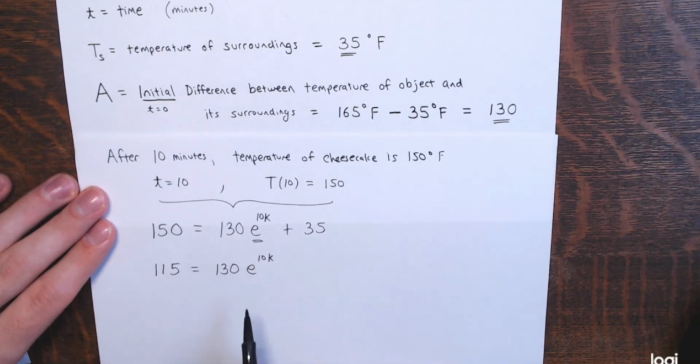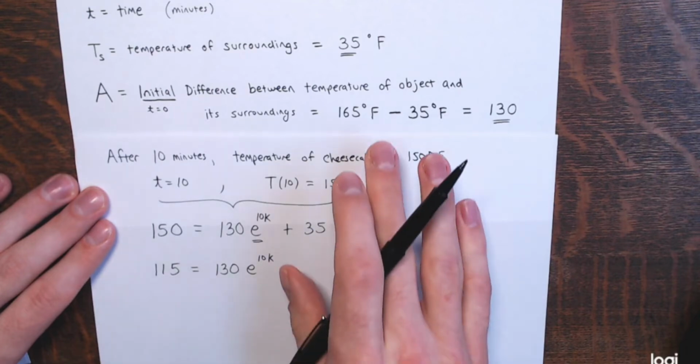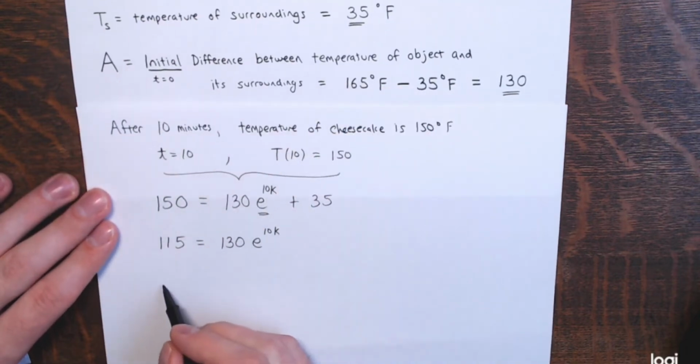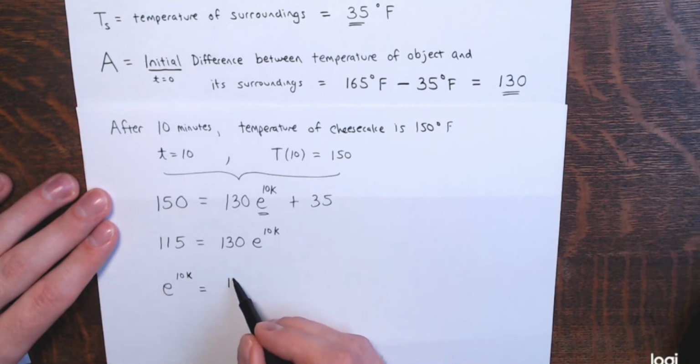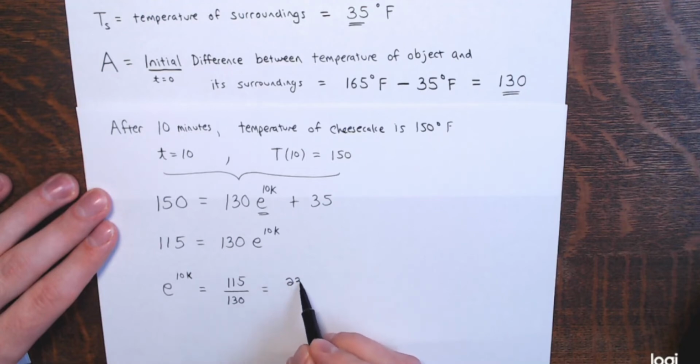Then we divide by 130. So e to the 10k power equals 115 divided by 130. This will reduce, though. Both of these are multiples of 5. This is 5 times 23, and this is 5 times 26. So this would reduce to 23/26.